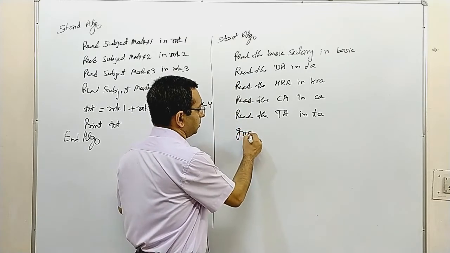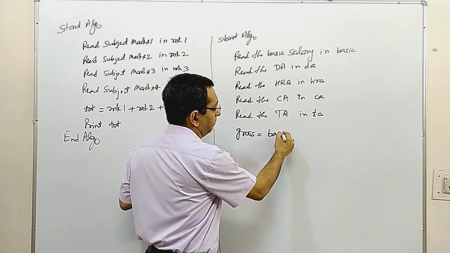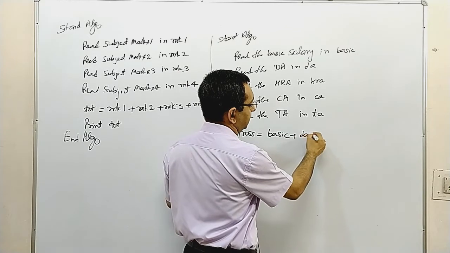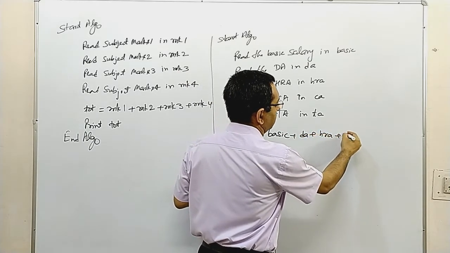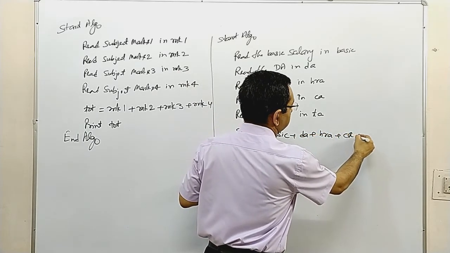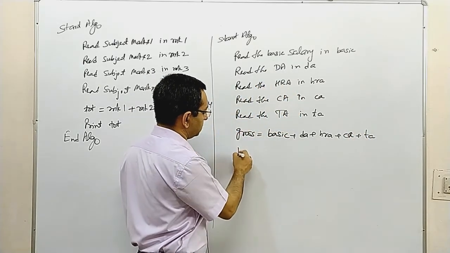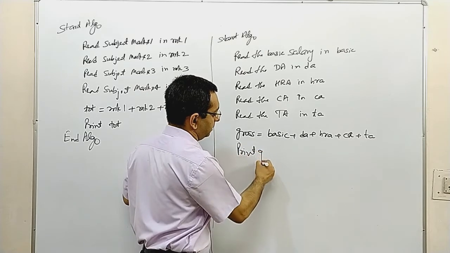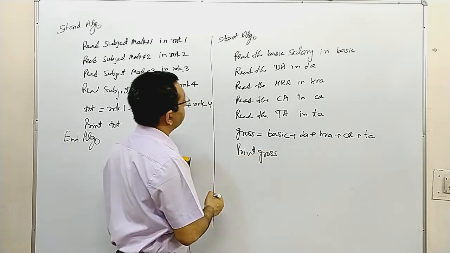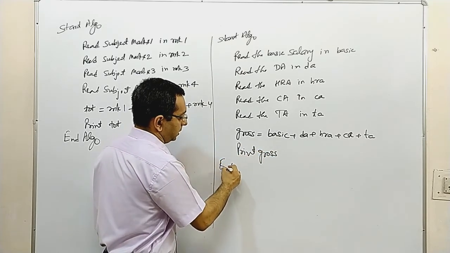So gross equals basic plus DA plus HRA plus CA plus TA, and then we have to print the gross. So print gross and then end algo.